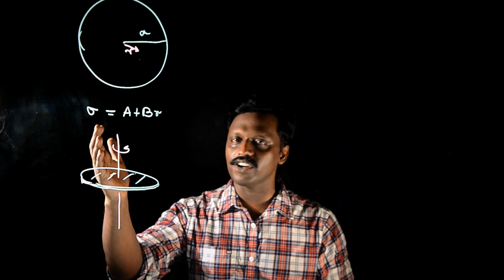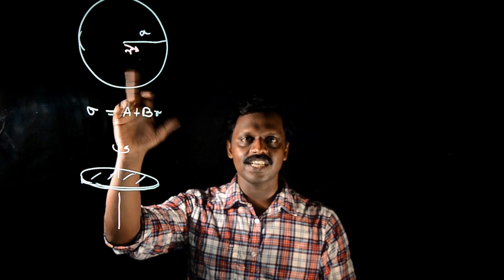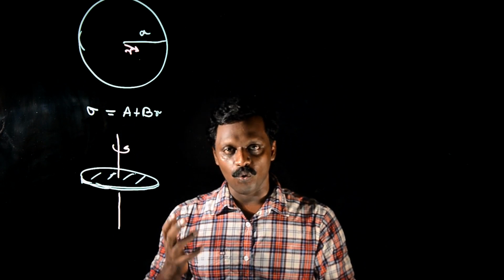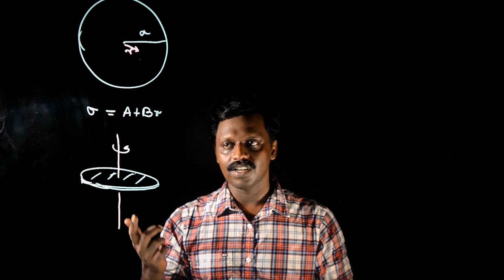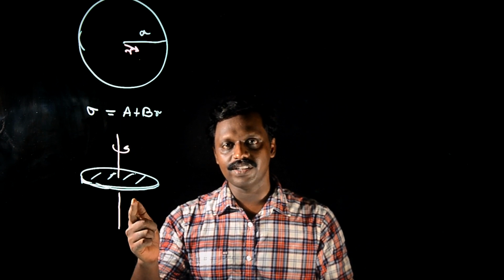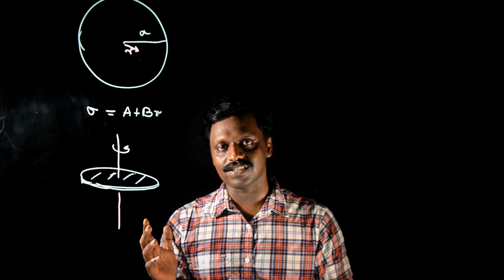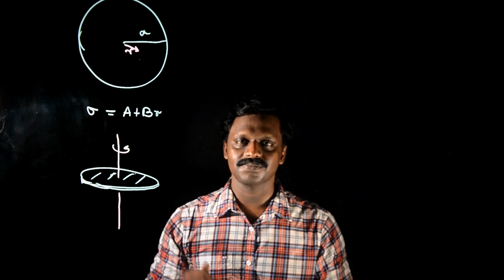It varies according to this given relation. And also it is given that the disk is having a radius A. We have to calculate the moment of inertia of this disk in terms of these constants A and B when the disk rotates about an axis passing through its center and perpendicular to its plane, like this.